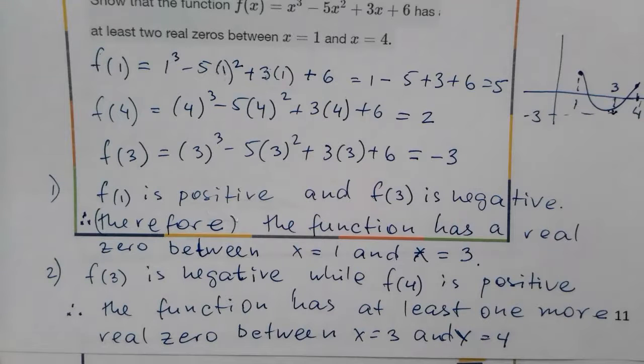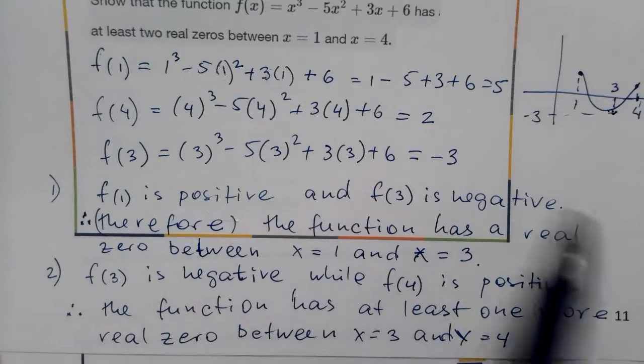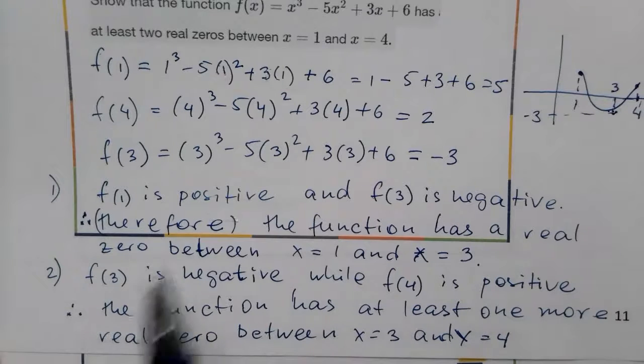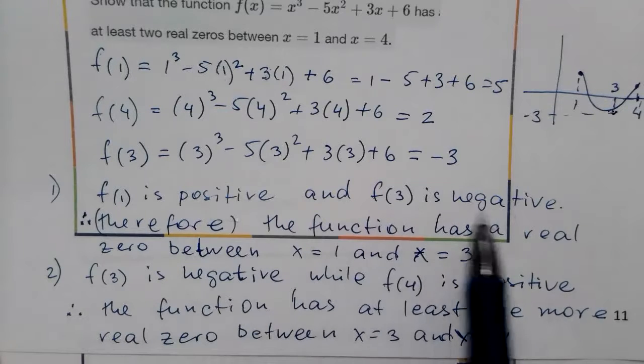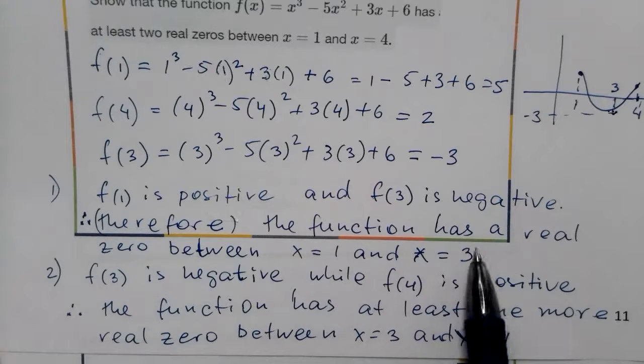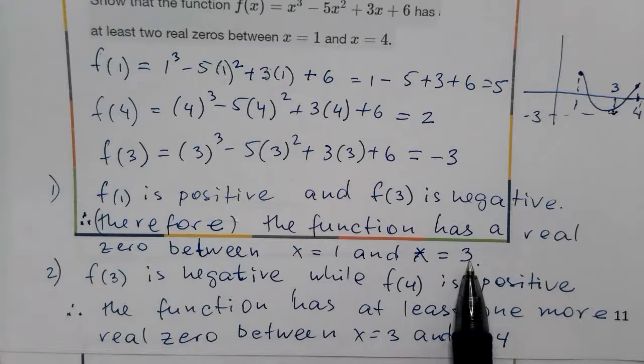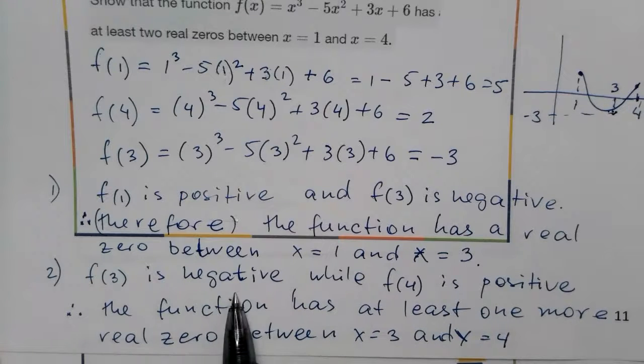So here's my statement. It says f of 1 is positive and f of 3 is negative. Therefore, the function has a real 0 between x equals 1 and x equals 3. Number 2, f of 3 is negative, while f of 4 is positive.